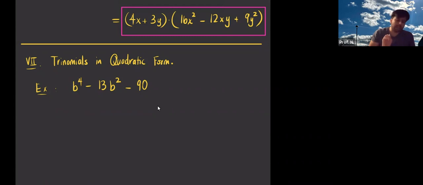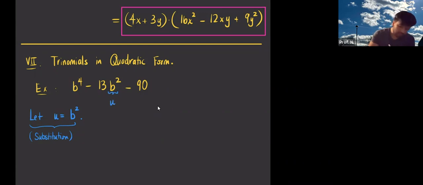This is something that you may have not seen before. It may seem insignificant, but it helps a lot. I'm going to let u equal b squared. This is known as a substitution step. So b squared, I'm going to call u.